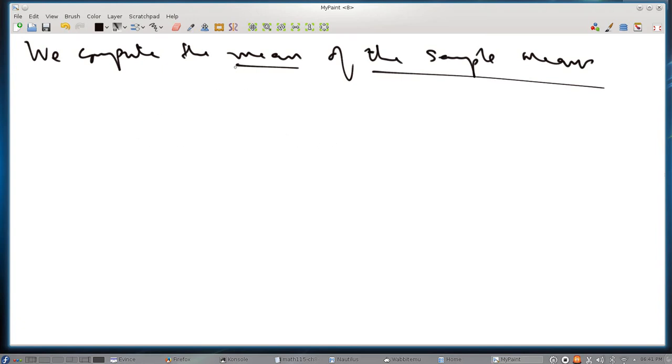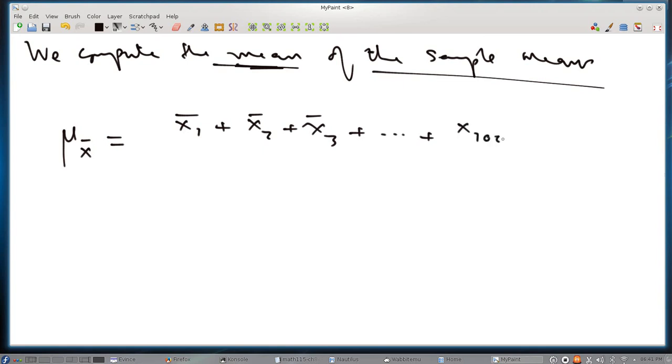So then the mean of the sample mean has its name right here. We call it mu of x bar, which is equal to x1 bar plus x2 bar plus x3 bar all the way to x100 bar, because we had 100 samples, and therefore we have 100 sample means, and then we divide by 100. And if you want to use a notation, it's going to be something like this.